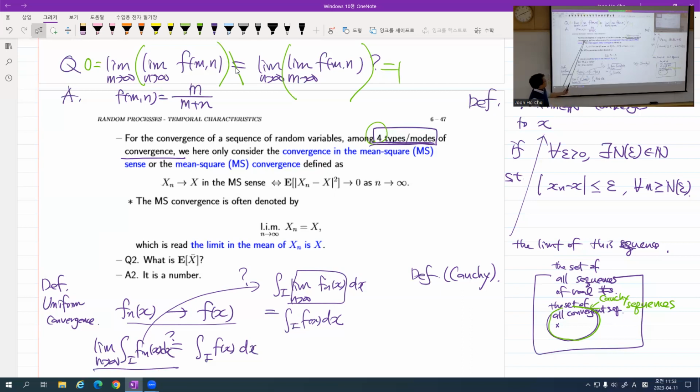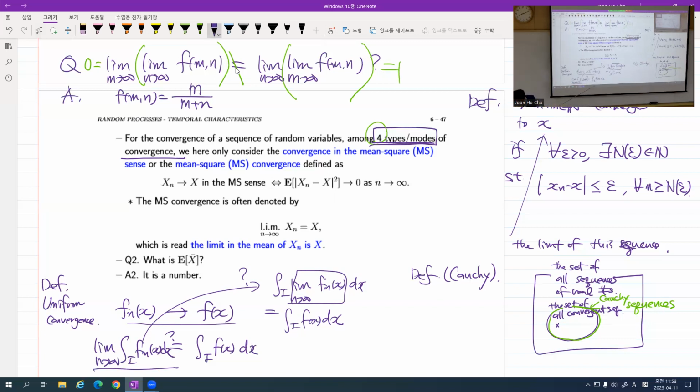Here, the mean square convergence. Sometimes we say converges in the mean square sense, which is simply this. You are given a sequence of random variables: x sub 1, x sub 2, x sub 10, x sub million. So you have a countably infinite number of random variables. Now, it converges to a random variable x in the mean square sense.